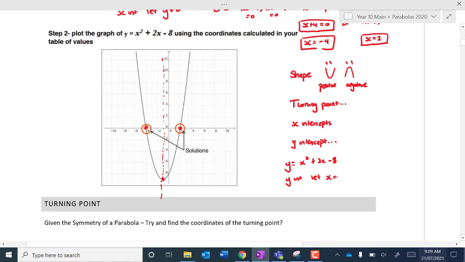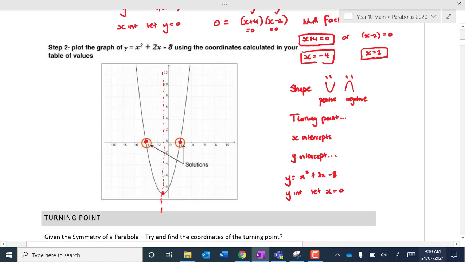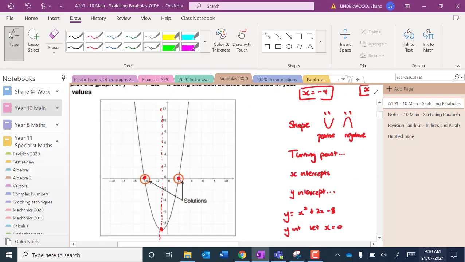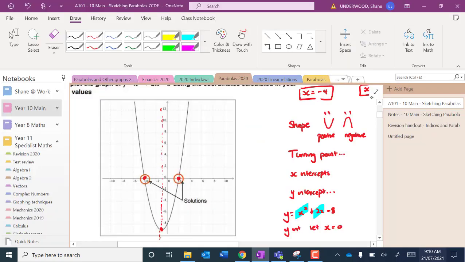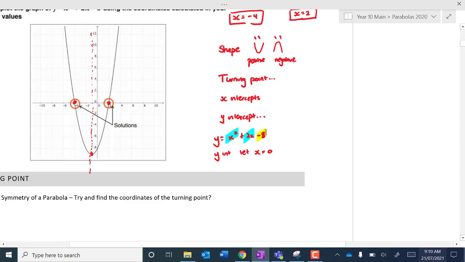If I let x equal 0, 0 squared is 0, 2 times 0 is 0, and we're just left with y equal to -8. So the constant, when it's in this form, y equals -8, is the y-intercept. You can see that the y-intercept is here, at -8.